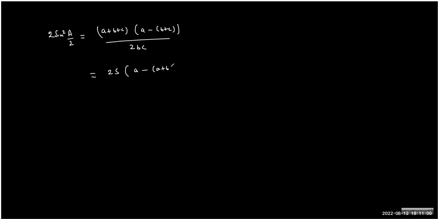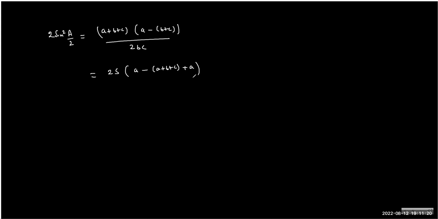So 2 sin²(A/2) turns out to be (A plus B plus C) into (A minus B plus C) upon 2BC. A plus B plus C we can write as 2S, if you remember. And this we can write as B plus C, I will add A here, and because I'm adding A, minus A is there.